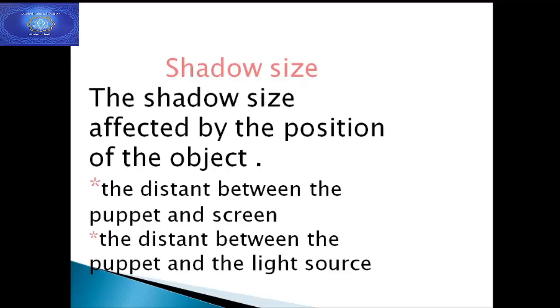The shadow size is affected by the distance between the puppet and the screen. And the second factor, the distance between the screen and the shadow puppet, then the distance between the puppet and the light source.